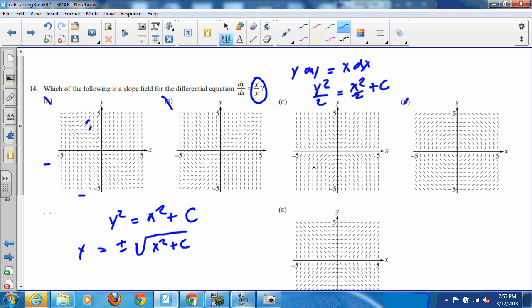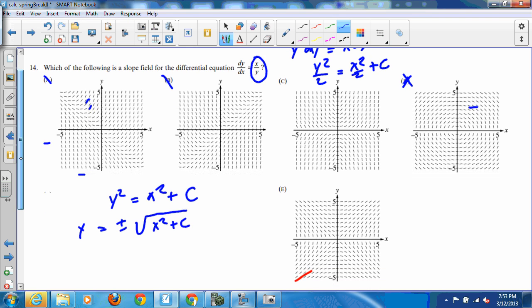But here I have negative slopes, so maybe I'm not going to rule that one out just yet. This one, I have negative slopes here, so definitely cross that one out. So it's between C and E.